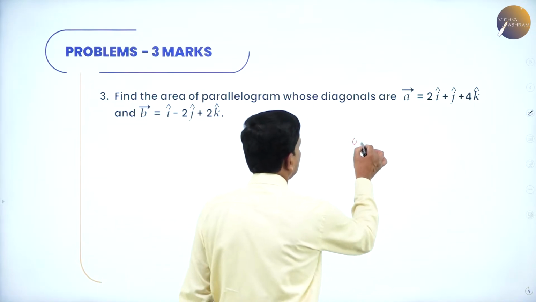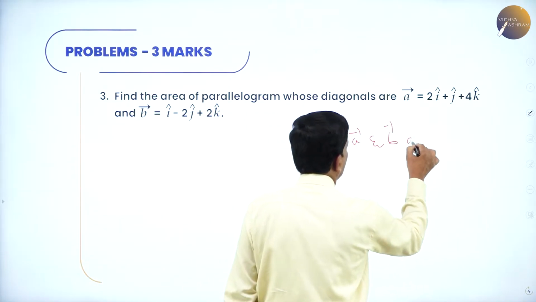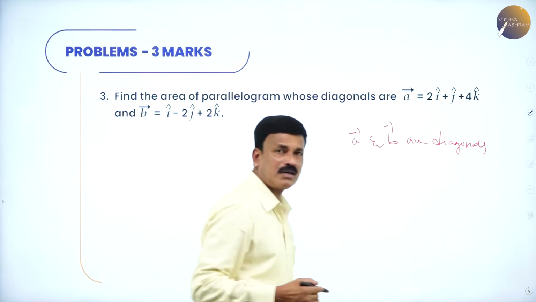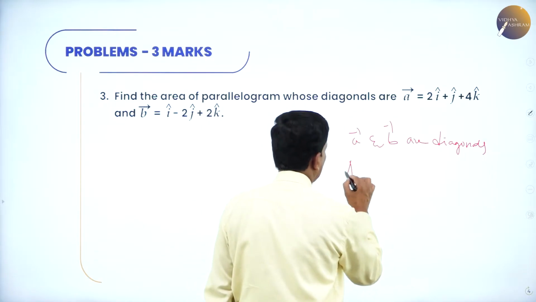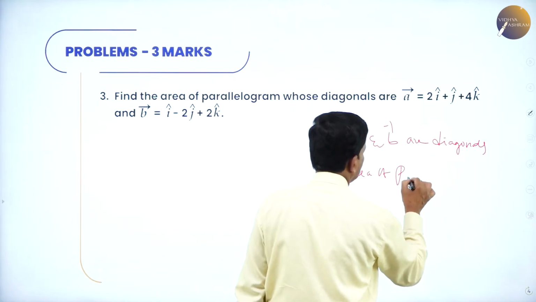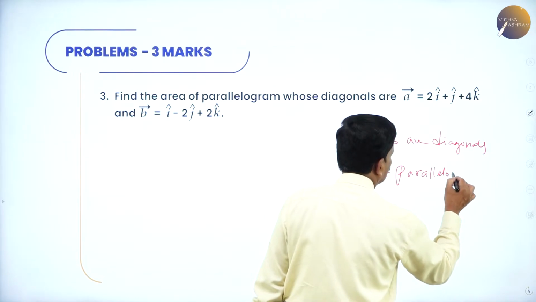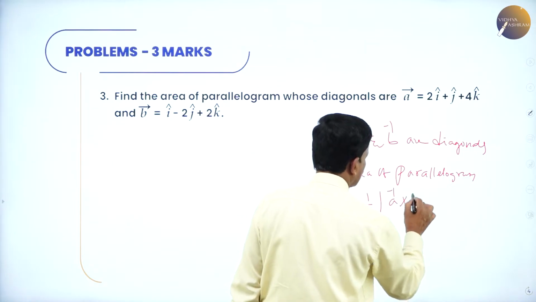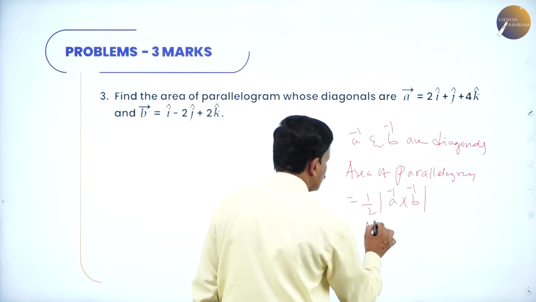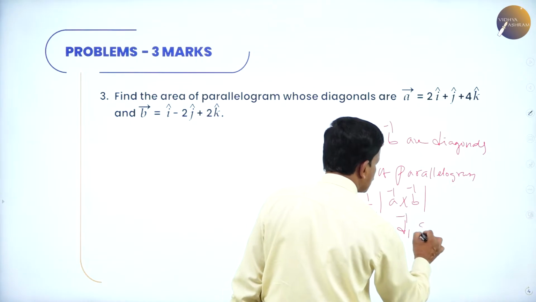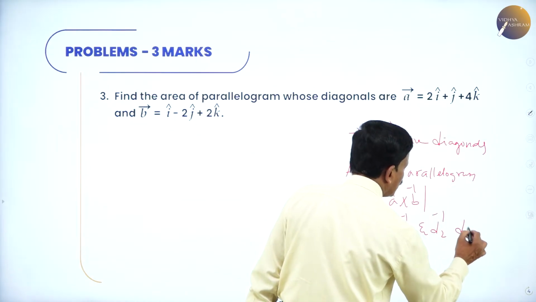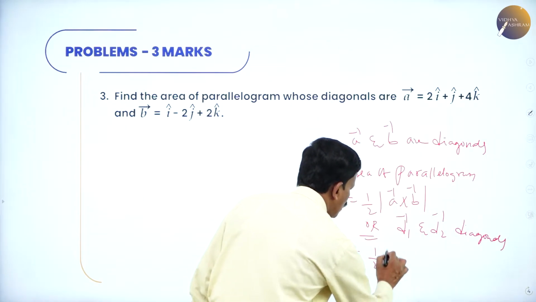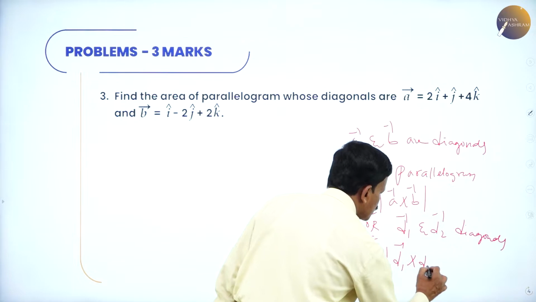Suppose if A and B are diagonals of a parallelogram, then the area of the parallelogram is equal to half into the length of A cross B. Suppose D1 and D2 are the diagonals of a parallelogram, then the area is equal to half into D1 cross D2.